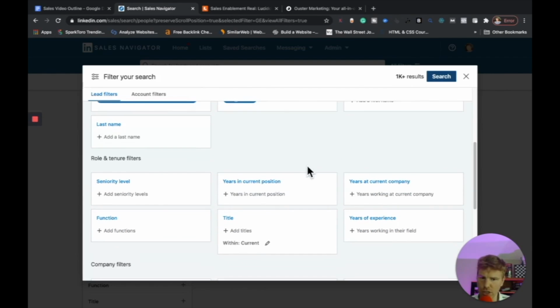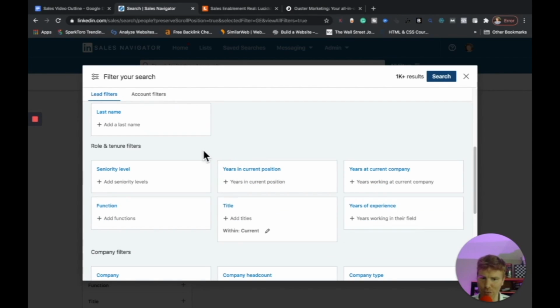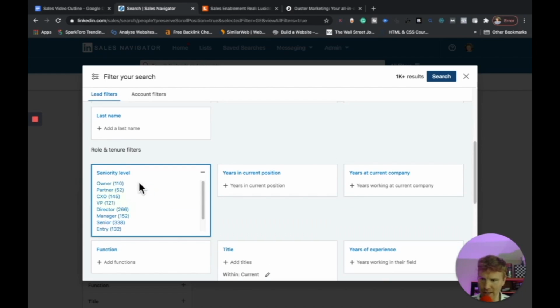Then we could start to look at things that I think are really special, like seniority level, right? Because we don't want to be going after people that don't have power within their organization. I don't want to reach out to somebody and they like the pitch and then they say, I can't really do anything. I'm just a new guy at this organization, or a new gal. I don't really have the power to make buying decisions.